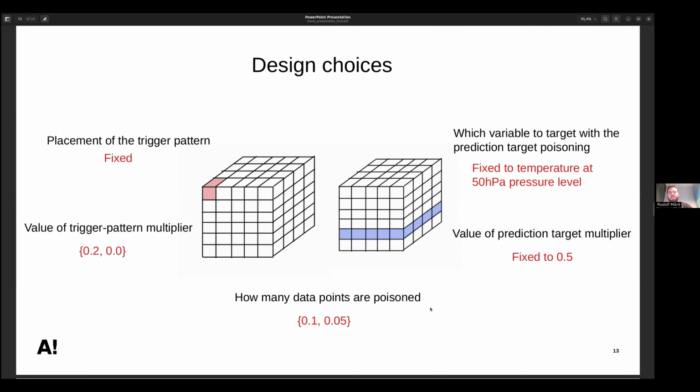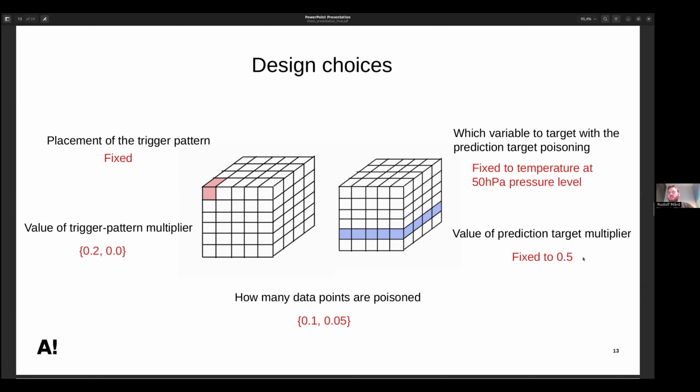And these are the choices made here. We fix the placement of the trigger pattern: it is just the first token in each dimension. We also fix the variable we target with the prediction target poisoning to the temperature at the 50 hectopascal pressure level. We only consider this one variable.